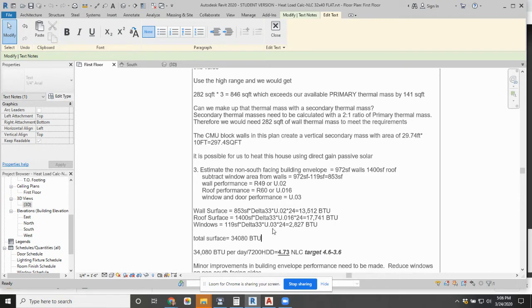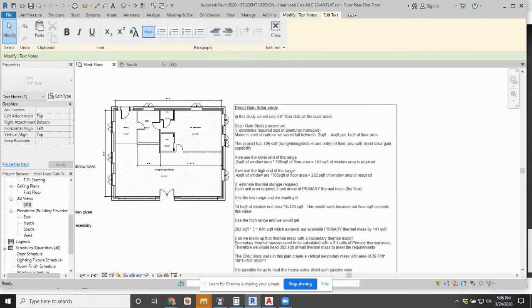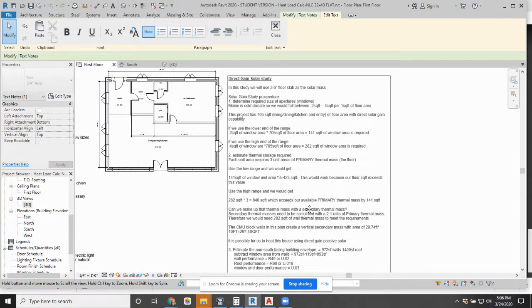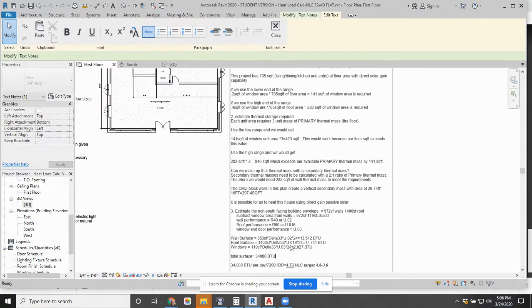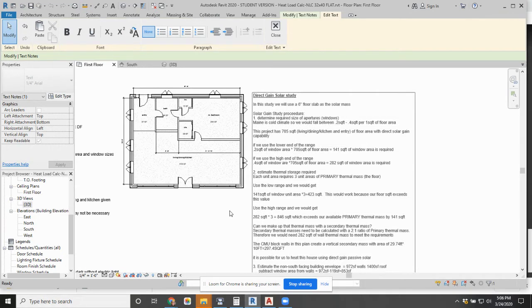So what that means is we've got to make some minor improvements to the building envelope, and things as small as, remember I added this window in the daylight factors. Well, that actually works against us and makes that net load coefficient go even higher because it changes my window area and door area, which is adding quite a few BTUs as our heat loss.